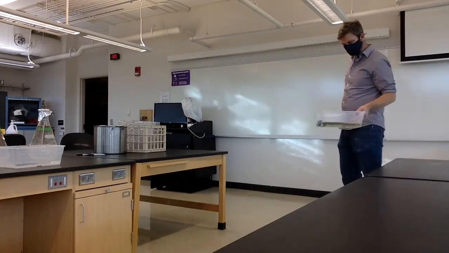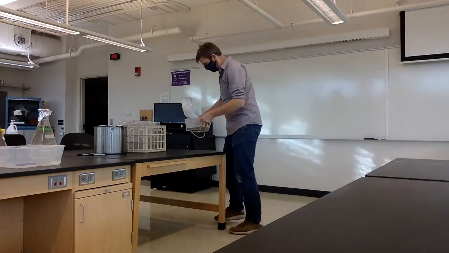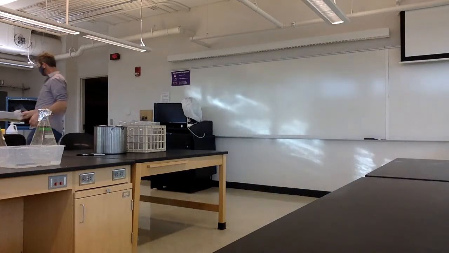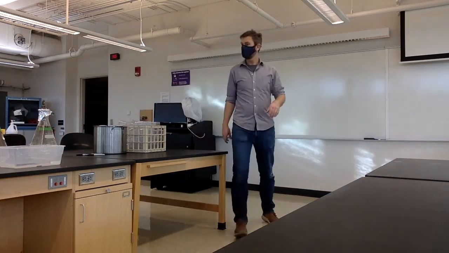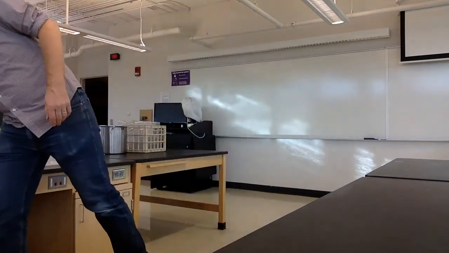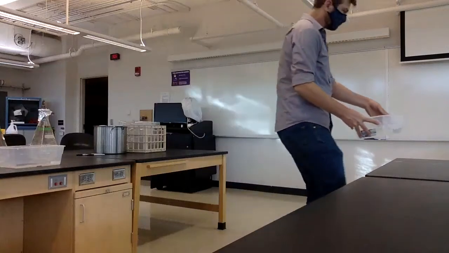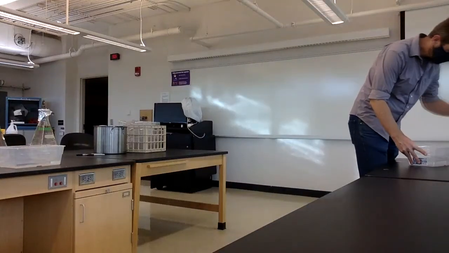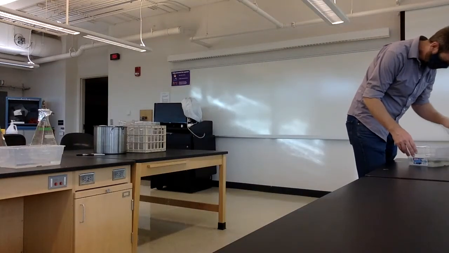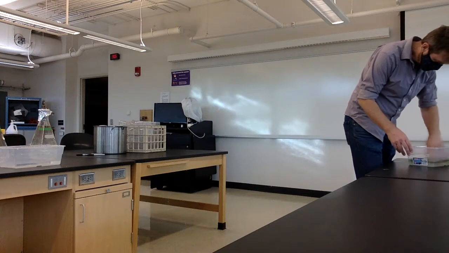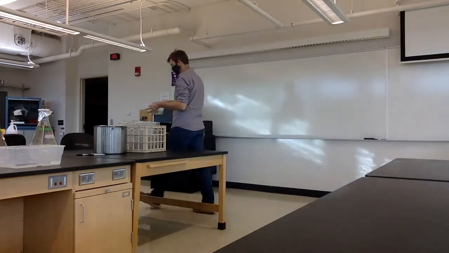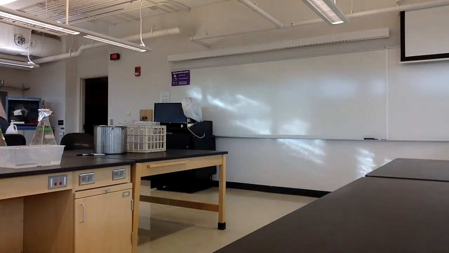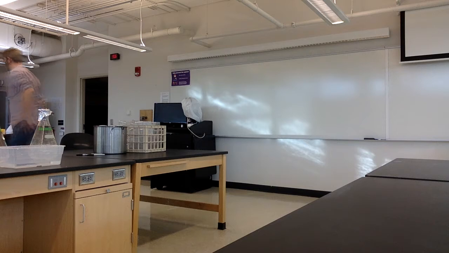So today's plant of interest is a floating aquatic fern called Azolla. So it is a fern. It does reproduce with spores. It belongs to a group of aquatic ferns.